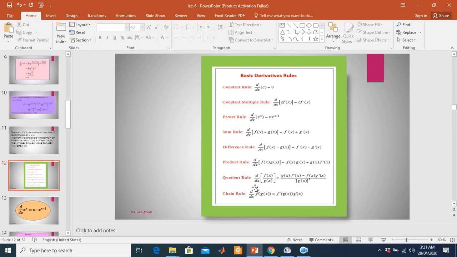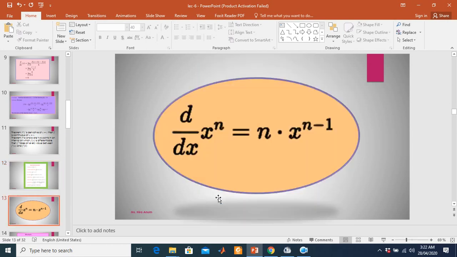Quotient rule: d over dx of f of x over g of x equals g of x f prime of x minus f of x g prime of x, over g of x whole square. Chain rule: d over dx of f of g of x equals f prime of g of x multiplied with g prime of x.